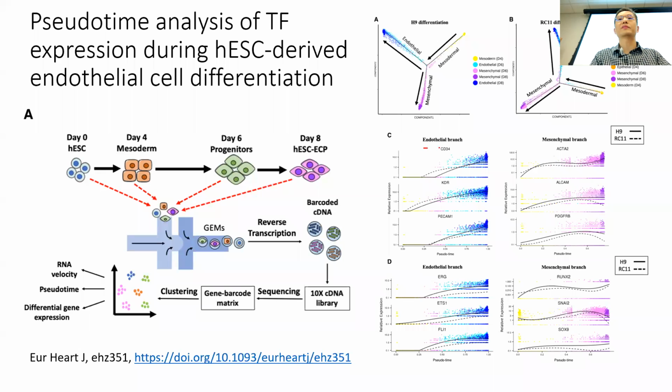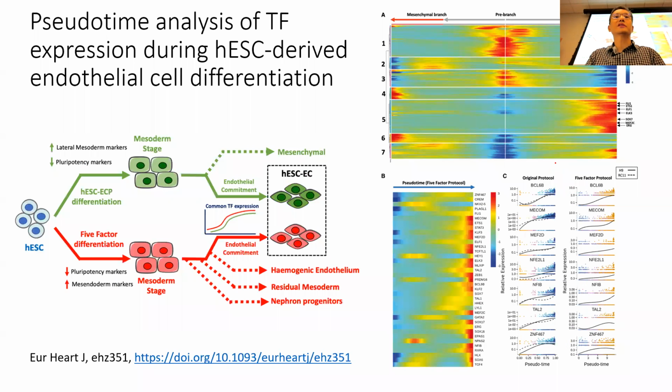You can see, from the endothelium branch, which genes are responsive, while in another branch, the mesenchymal branch, a different set of genes get involved. So that's one of the applications.